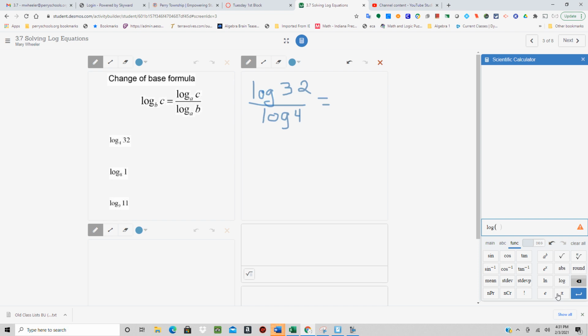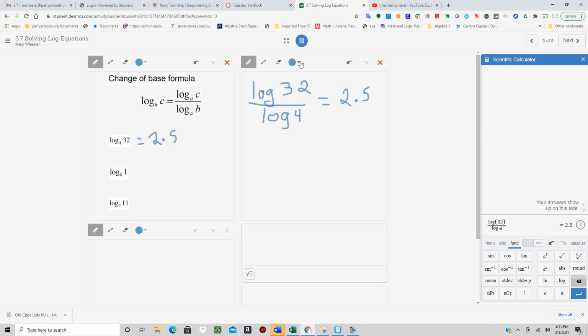So it's going to be log 32, I'm going to close those parentheses, divided by log 4. And I get 2.5.